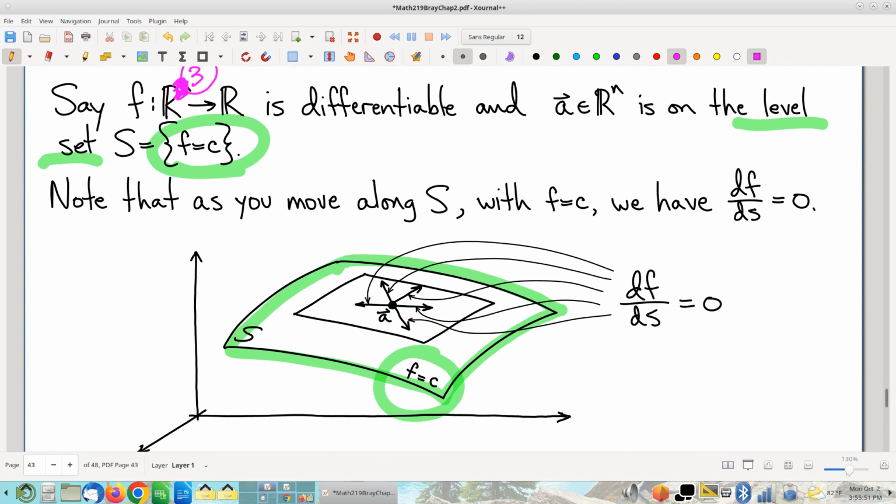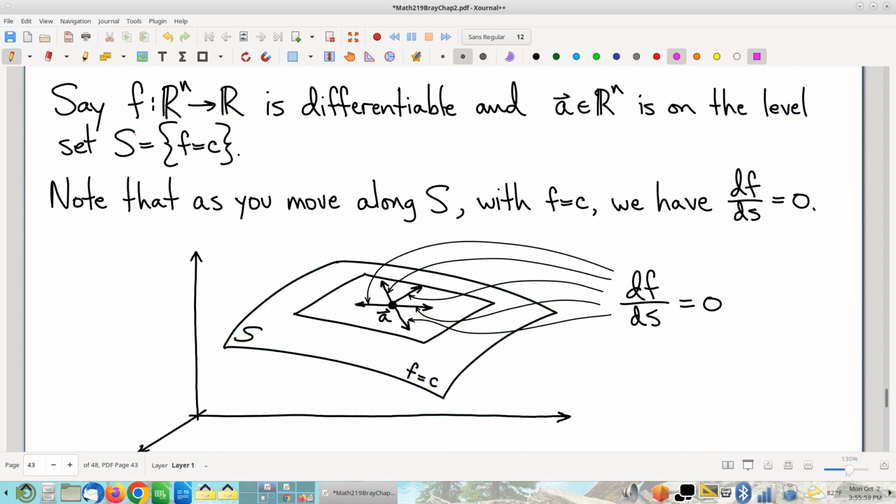All right, that said, I want to make some observations about how directional derivatives work. I'm going to consider a scenario where we're at a certain point, and let's suppose that I were moving along a curve like this that's entirely contained in my surface.